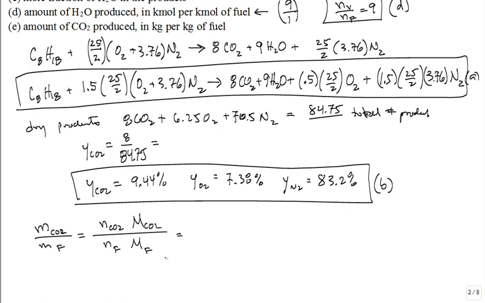How many moles of CO2 is there? 8 per 1 of the fuel. The molar mass of carbon dioxide is around 44. I forget the exact figure on it. And the molar mass of the fuel, octane, oh boy. Let's just say 8 times 12 and add 18, around 114.